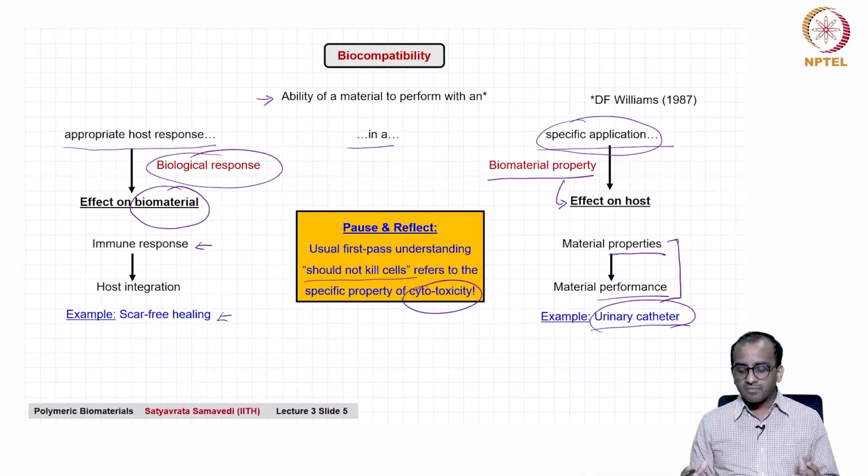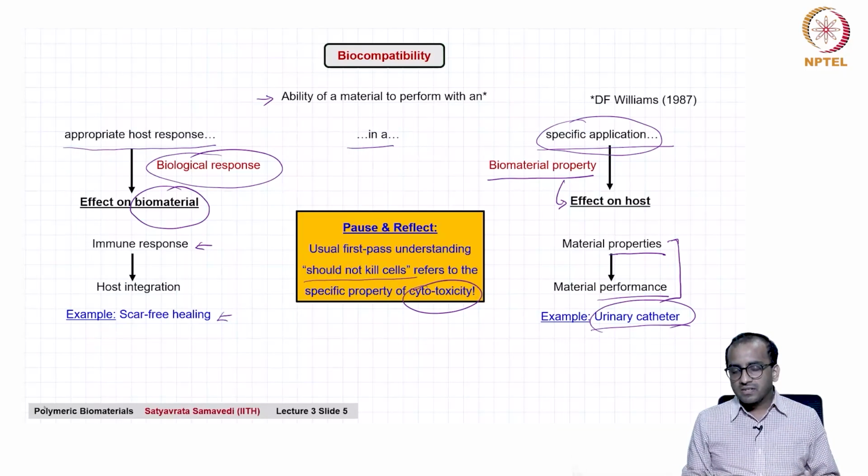For example, in an anti-cancer application, you want the medication to destroy the cancer cells, right? And yet that device that is releasing that drug could still be biocompatible. So, you see how these definitions that come to us have to be carefully handled so that we understand them appropriately in a specific context.